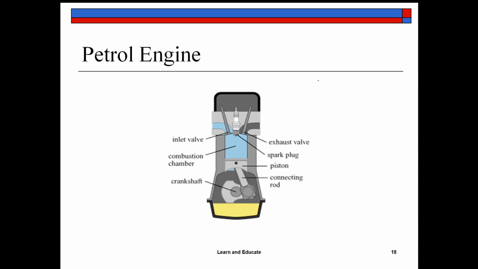At the end of the compression stroke, you need to ignite the air fuel mixture taken in during the intake stroke and compressed during the compression stroke. So in order to start the ignition, you need to produce a very high voltage spark. For that, we are using a spark plug in a spark ignition engine.